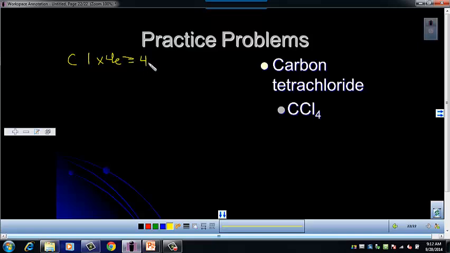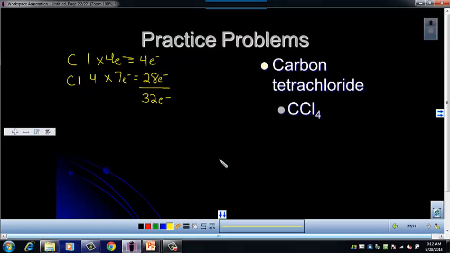So we've got a total of 4 valence electrons from that 1 carbon atom. And then we have 4 chlorine atoms, and that's in group 17, so it has 7 valence electrons. So a total of 28 from those 4 chlorine atoms. Now when we add those up, we get a total of 32 electrons.